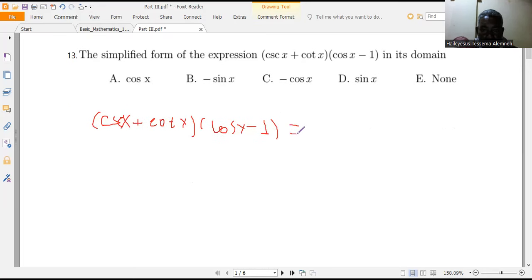Cosec x means 1 over sine x, plus cot x means cos x over sine x, times cos x minus 1.